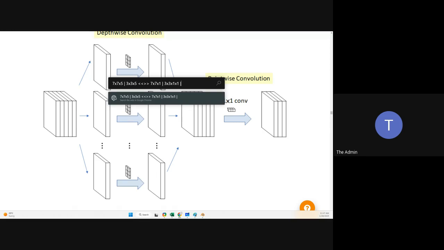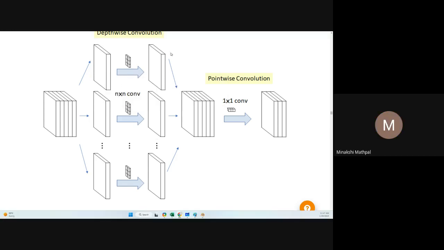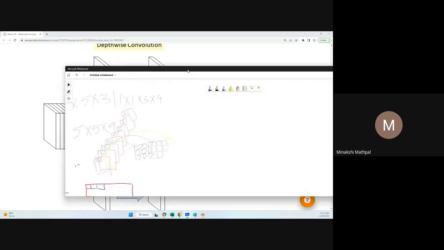The output will be 5 cross 5 cross 1. We did not specify the number of kernels there, the channels, or filters.